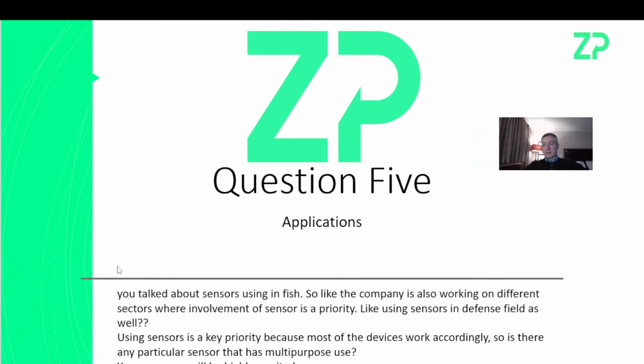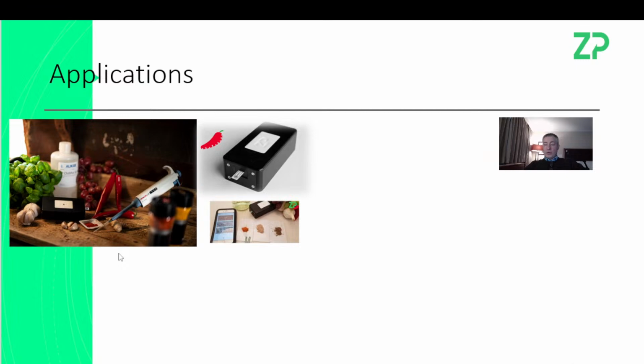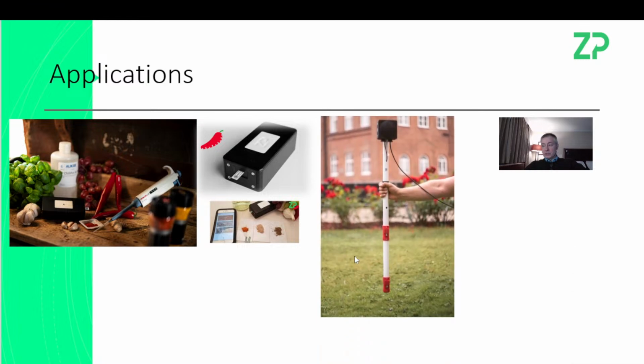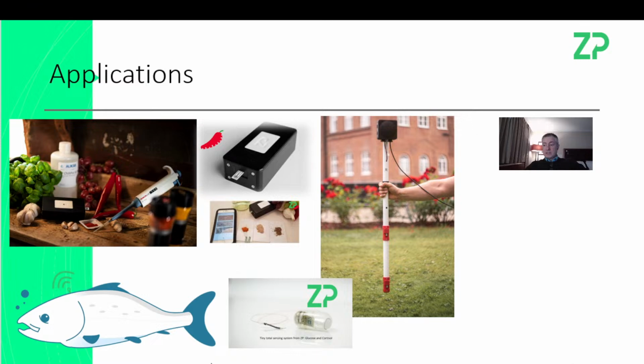This is a question really about applications. I sort of stated it already, but at ZP, we're quite broad in our interests. This is our food sensor, for measuring the hotness of chili. I know the questioner knows this. This is a sensor that we developed with PWB for measuring nitrate in the soil. This is a sensor that measures glucose and cortisol in fish.